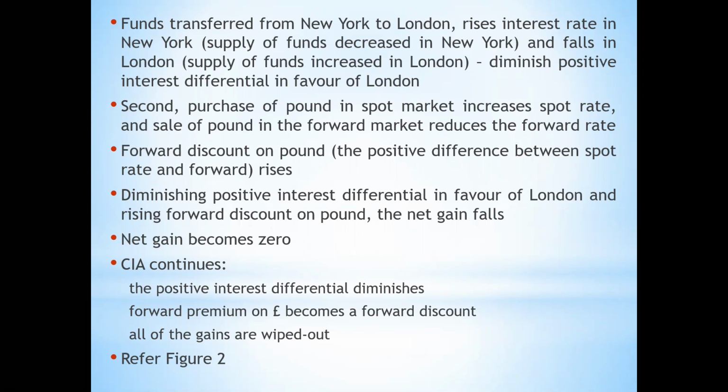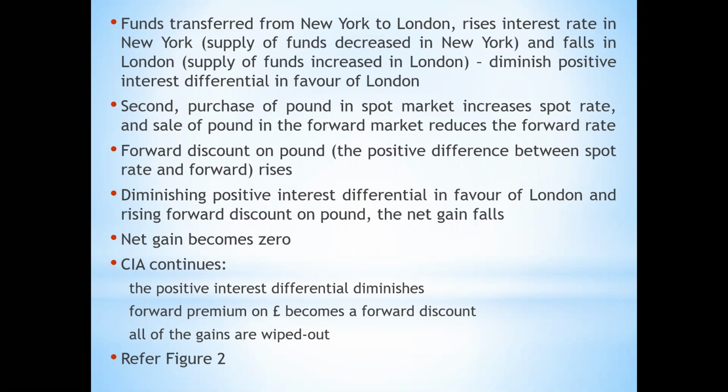That means the interest rate in the New York market increases. On the other hand, what happened to the London market? People try to invest in the London treasury bill, so the supply of investment funds increases in the London market. As a result, it pressures the London market interest rate to reduce.